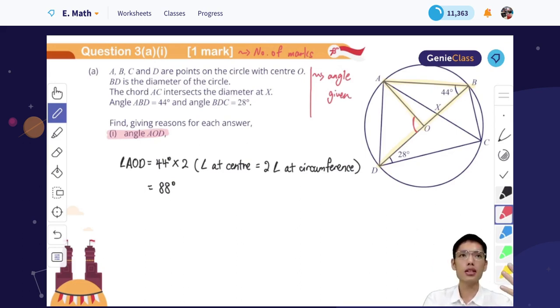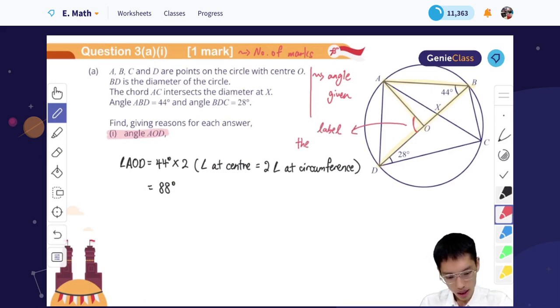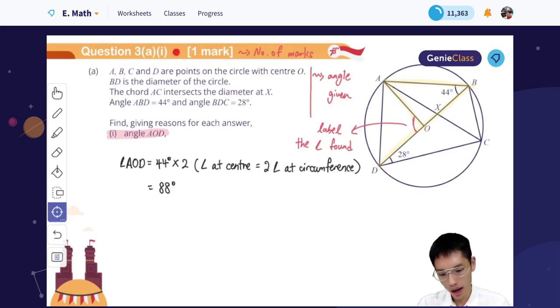Based on number of marks and angle given, we try to relate, and lastly, label the angle to be found. These three tips will help you shorten the time and help you identify how many marks, and how you present your answer in this case. So that's the first part.